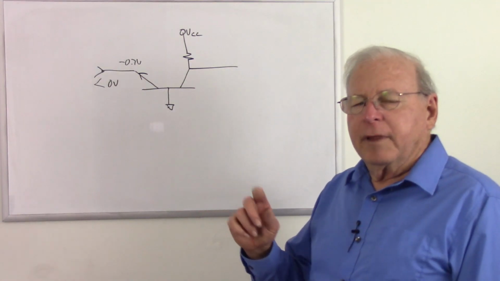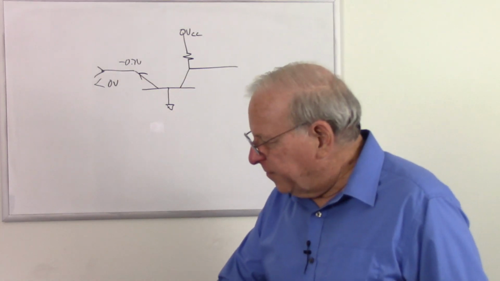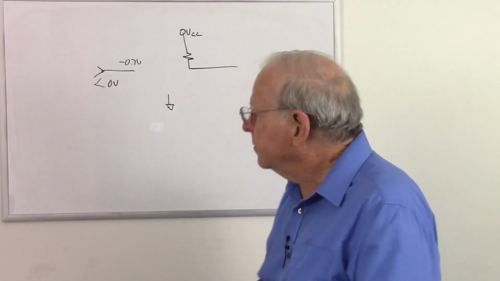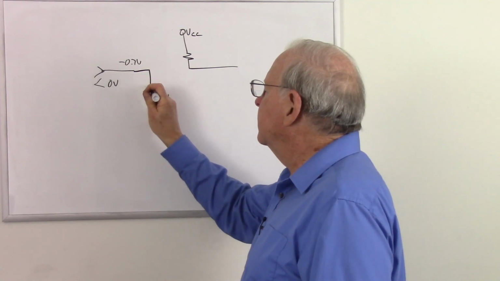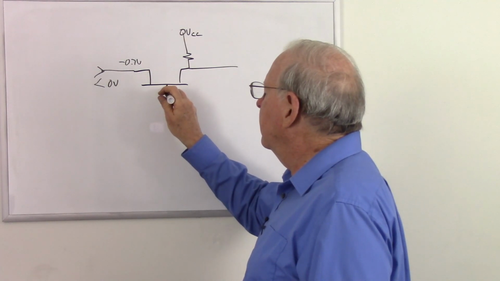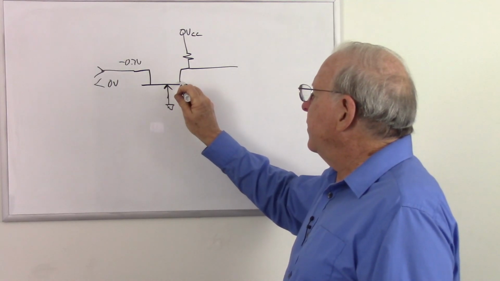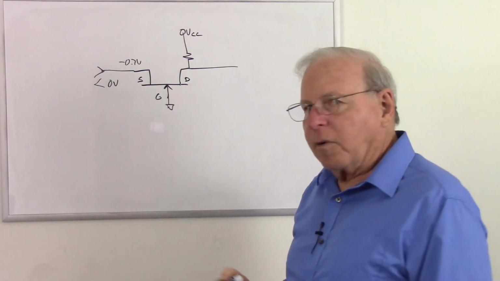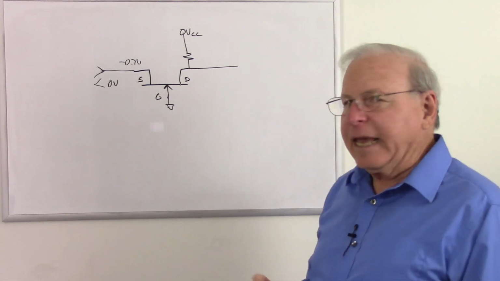And of course, if this were an FET circuit, now we have the drain, the source, and the gate. So what do we call that? A common gate circuit.